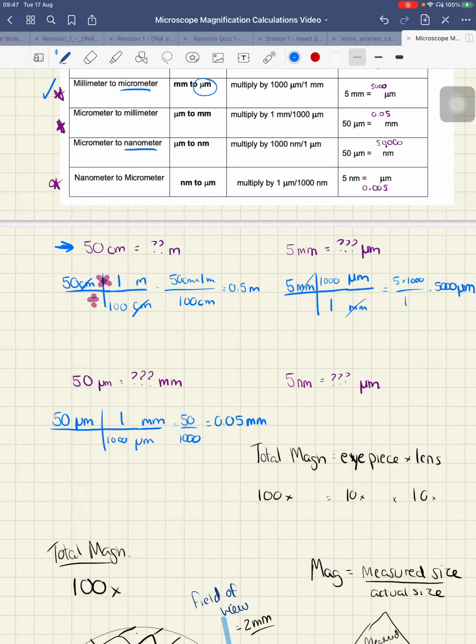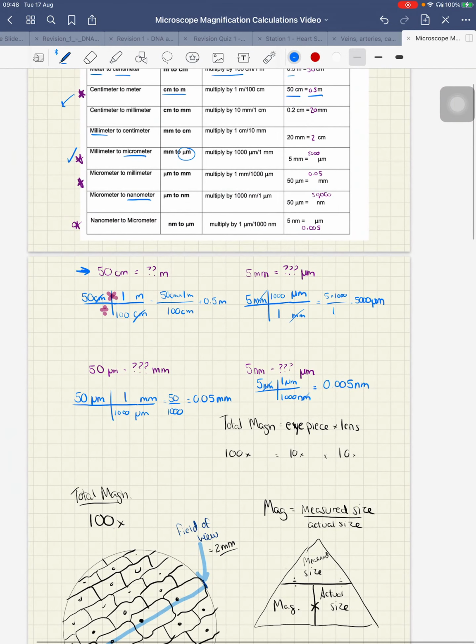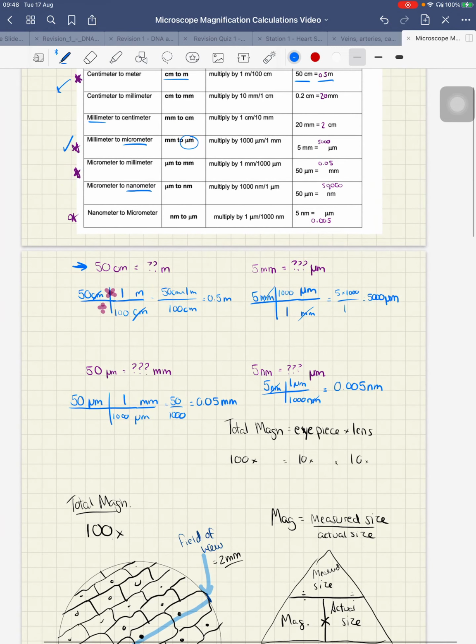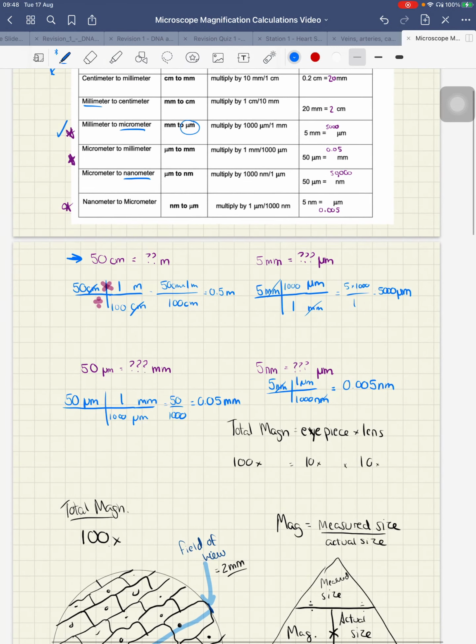And if we're going from nanometers to micrometers, we know there are 1,000 nanometers in 1 micrometer, so we cross those out and divide 5 by that, which gives 0.005 micrometers. These are the most common calculations you'll have to do in biology. Sometimes you might need to do two conversions, but most of you should be able to figure that out. Let me know if you can't.